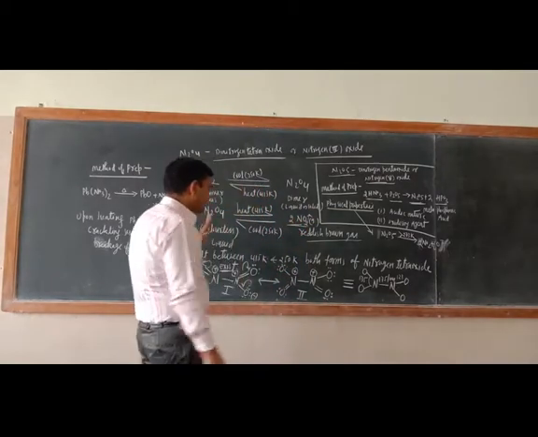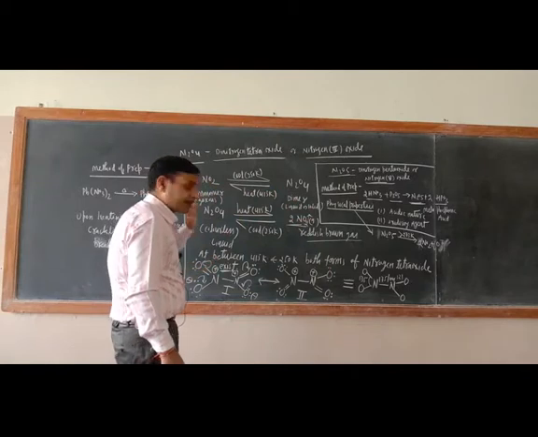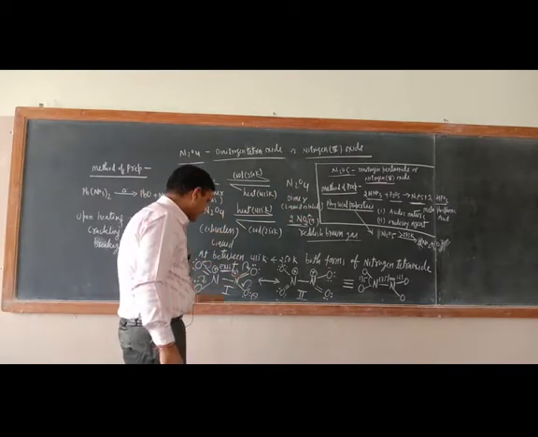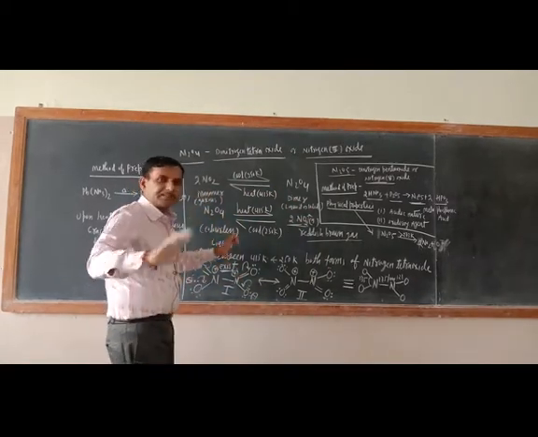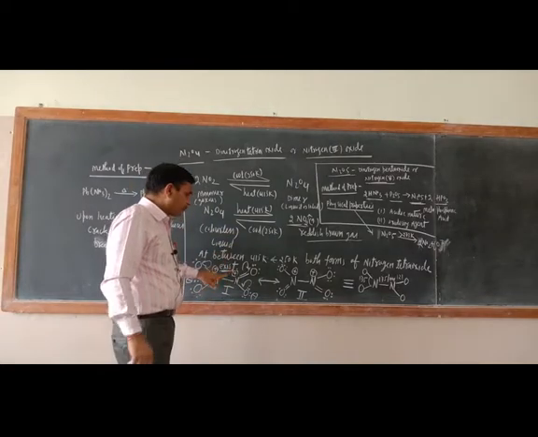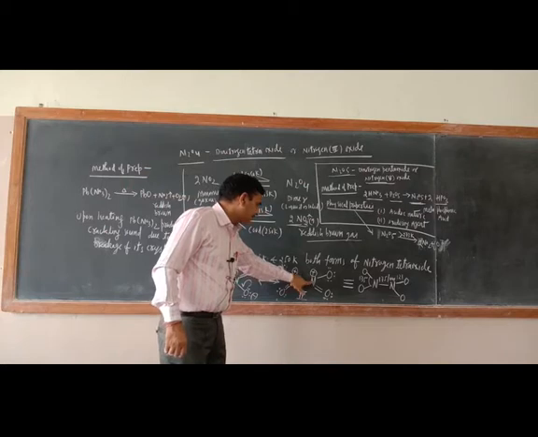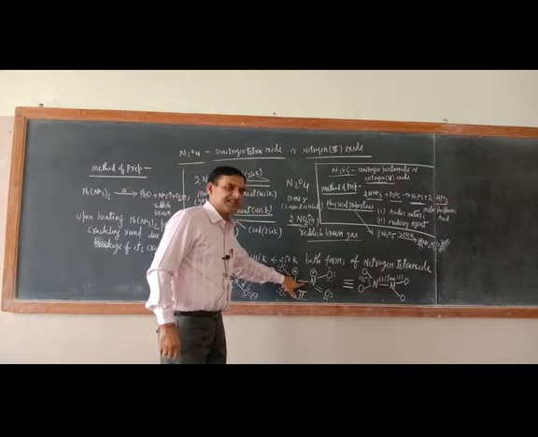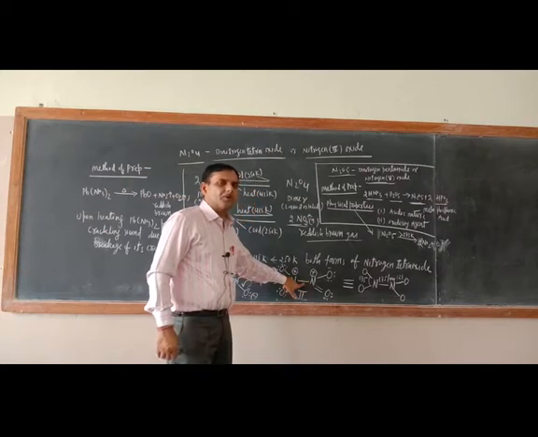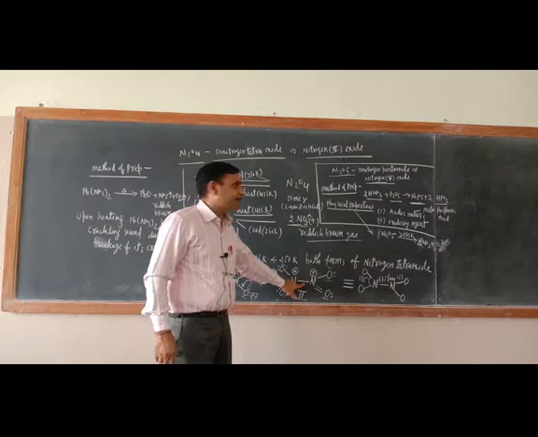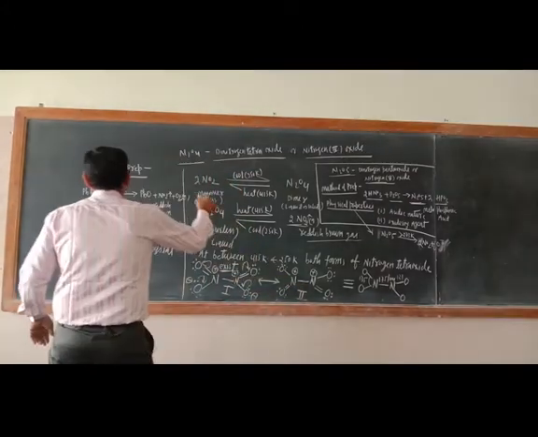As far as its structure is concerned, it is very much similar to N2O4. Only one difference is there between this nitrogen and this: put one oxygen. Now the structure is ready. So I hope that you can prepare it very easily.